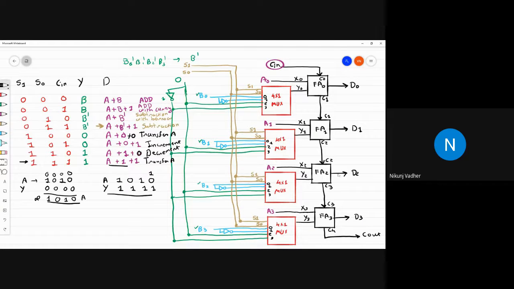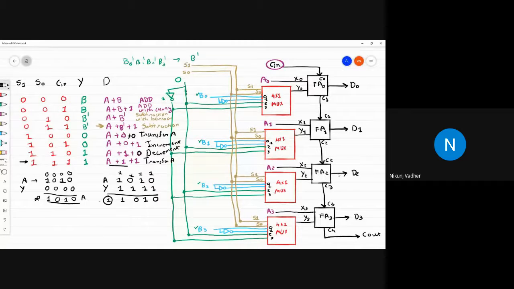Now let's see what is happening. If we perform 1 plus 0 plus 1, the answer will be 0, carry will be 1. 1 plus 1, 0. 0 plus 1, 1, and carry will be 1. 1 plus 0, 1. 1 plus 1, 0, carry will be 1. 1 plus 1, 0. 0 plus 1, 1, and carry will be 1.